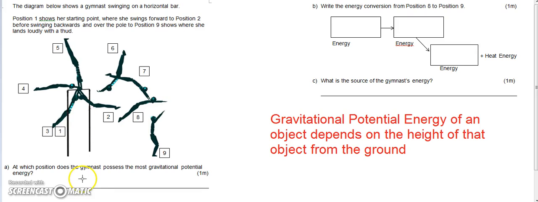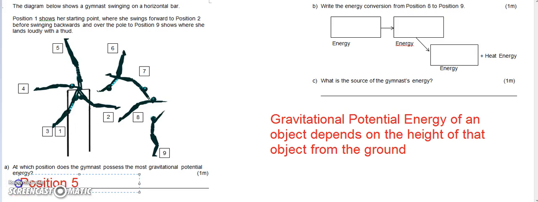So at which position does the gymnast possess the most gravitational potential energy? Remember, the higher the gymnast is from the ground, the more gravitational potential energy. So the answer must be position 5, where the gymnast would have her highest gravitational potential energy.